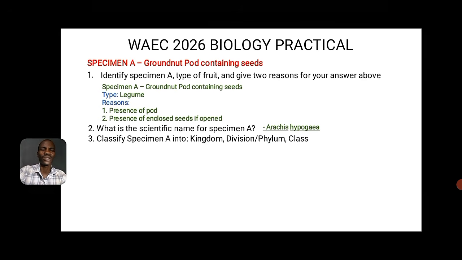Another clever question is: classify specimen A into kingdom, division or phylum, and class. Let me quickly explain this. The old system of classification is as shown, where we have kingdom Plantae, division Tracheophyta, and then subdivision Spermatophyta.